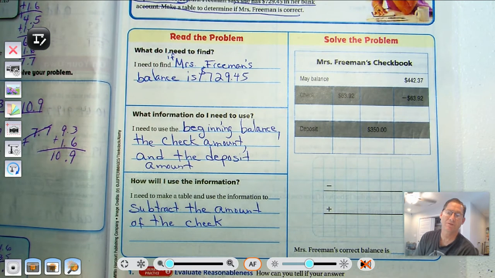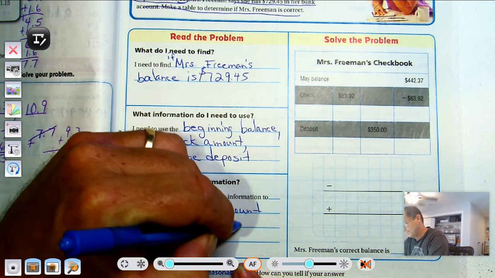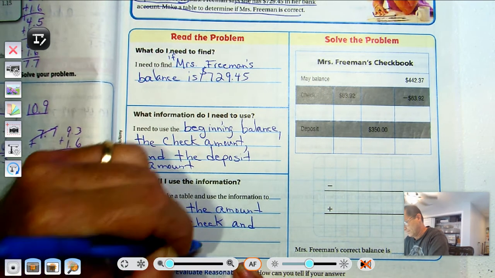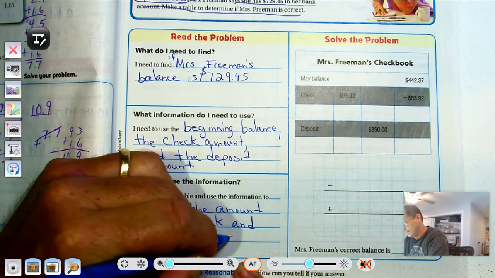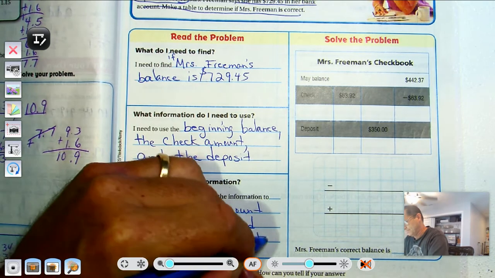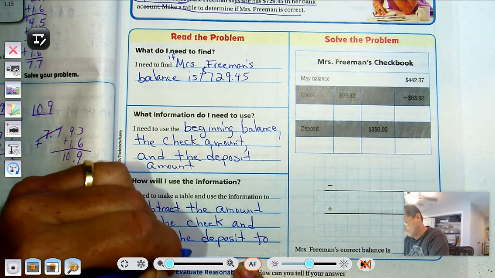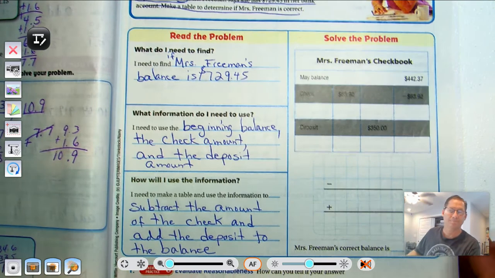We're going to use the table to subtract the amount of the check from our original balance and add the deposit to the balance.